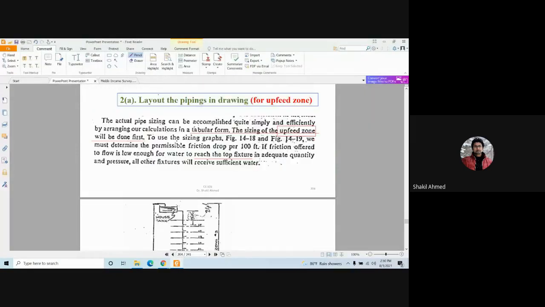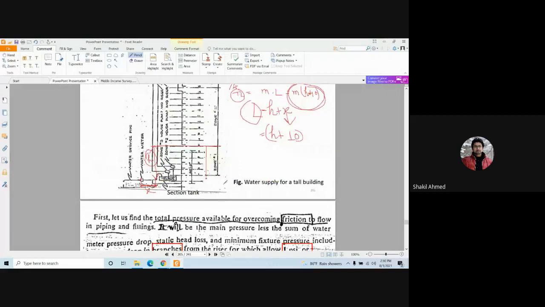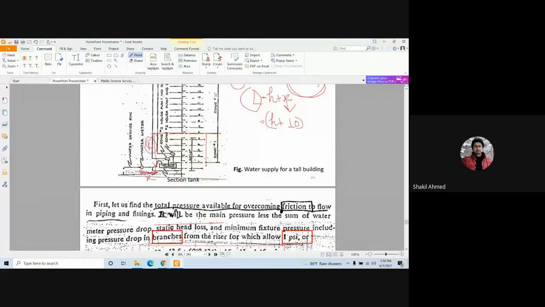That means from here, how much height can you gain? 61 feet, approximately 60 feet. Now, if your floor to floor height is 10 feet, then how many floors can you cover, guys? 60 by 10, approximately 6 floors, including the ground floor, by the way. In North America, they don't consider ground as a floor, so in that case it will be the fifth floor. But if you consider the ground as a floor, then it will be the sixth floor. Clear?